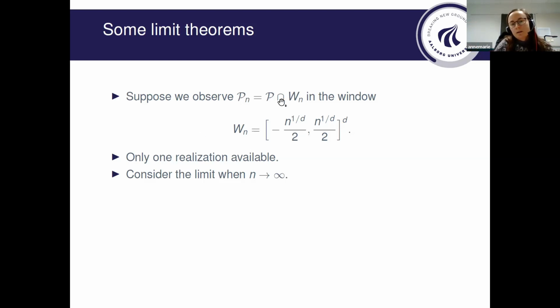So here I will let Wn be the observation window. And for simplicity, we will just assume that this is a cubic window of volume n. So what we can observe of our point patterns is just the points that are inside this observation window. And then we can look at the limit when the volume of this window goes to infinity.